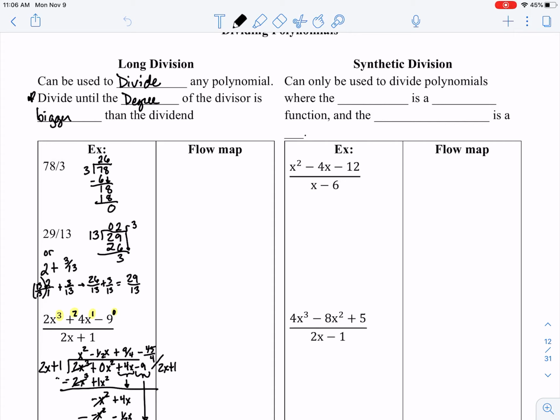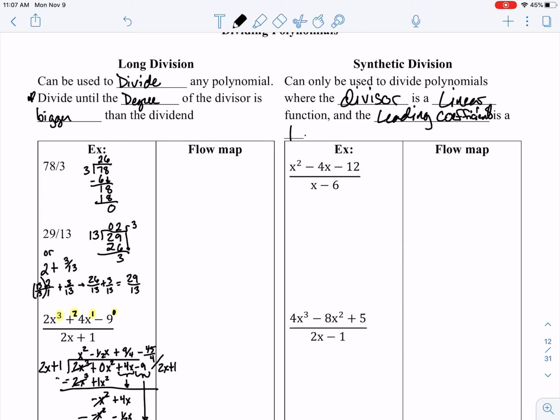The next type of division we're going to be looking at is synthetic division. Now, synthetic division, unlike long division, you can only use it to divide polynomials where the function on the bottom, so the divisor, is a linear function, and the leading coefficient is a 1.